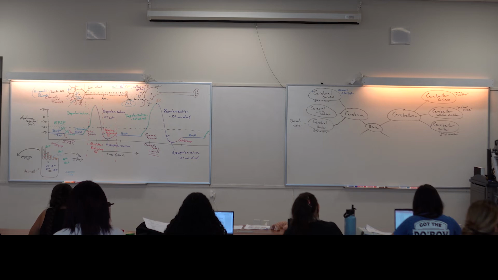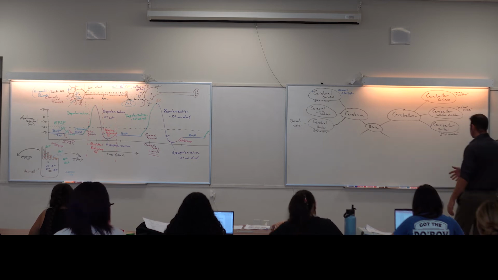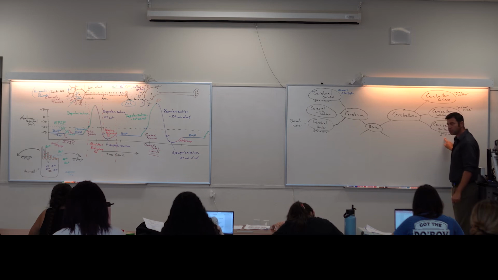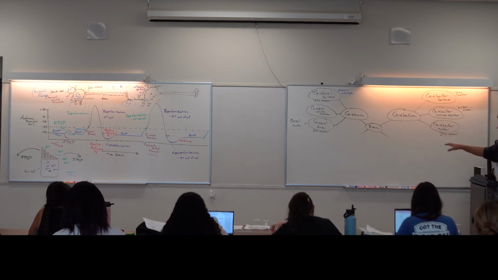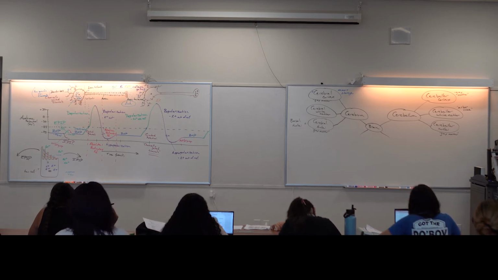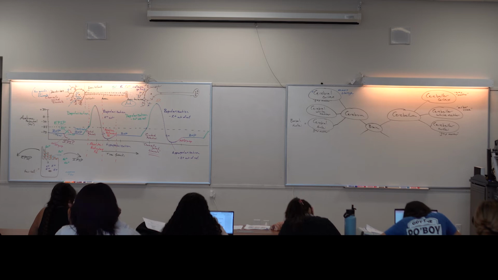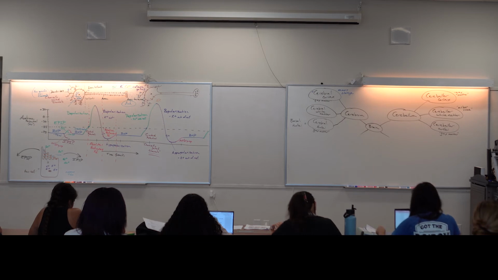So balance, like coordinating muscle movement, being able to walk straight, having proper balance, and all of that involves the cerebellum. So long-term memory, balance, coordinating muscle movement. These are all jobs of the cerebellum.